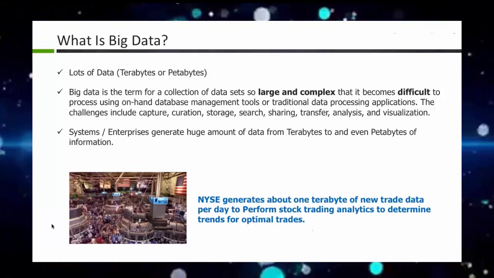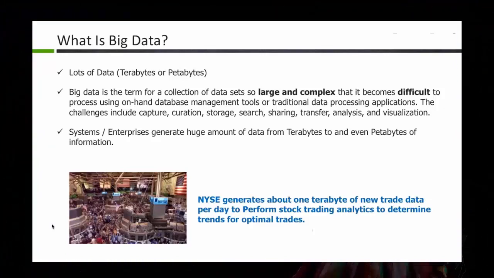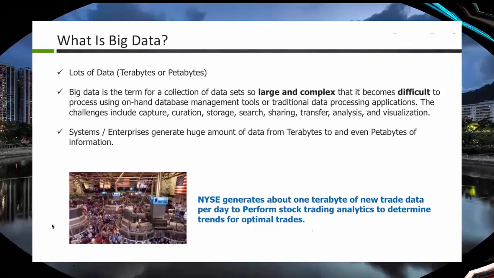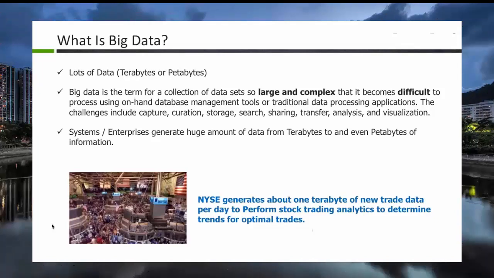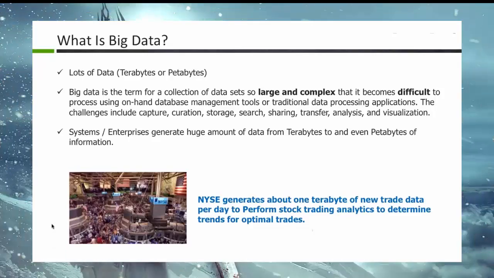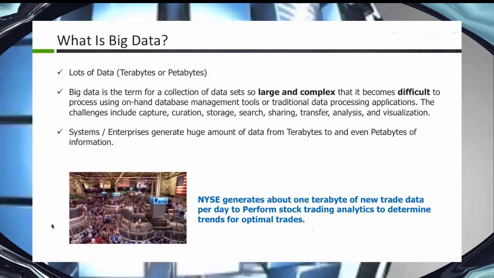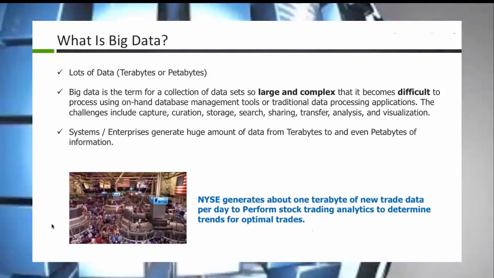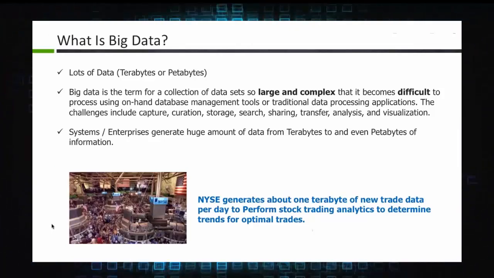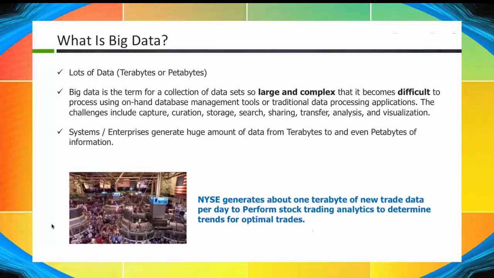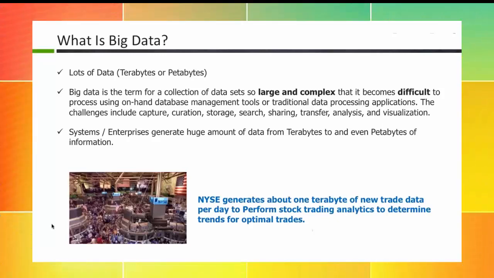and if the data is really large and complex, in the sense that it is not just structured data, a lot of unstructured and semi-structured data, it is called big data. There are a few definitions where they say big data is when you have a large amount of data flowing in your system at a big speed and a big variety of data, like streams from, say, a like or a share on Facebook.